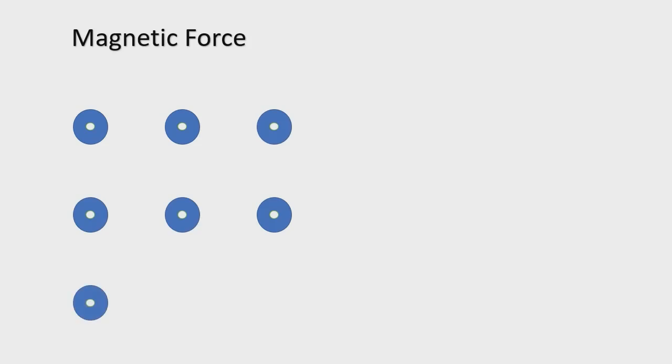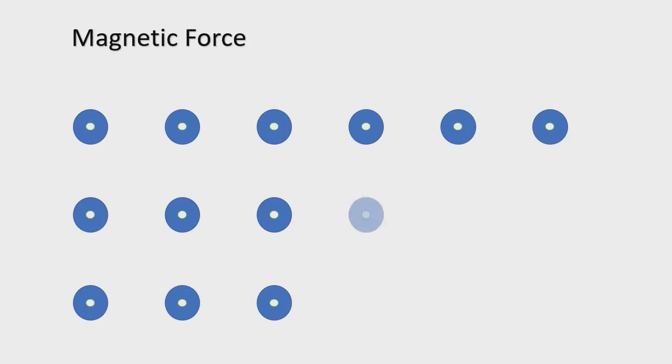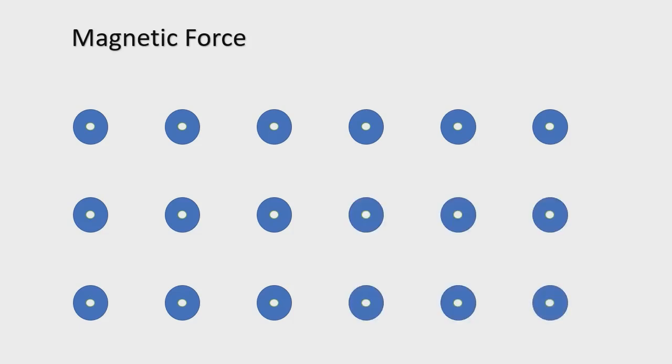The magnetic force. Supposing there are several magnetic field lines that are directed towards the observer, and a particular charge given by the symbol Q is found within these magnetic field lines.